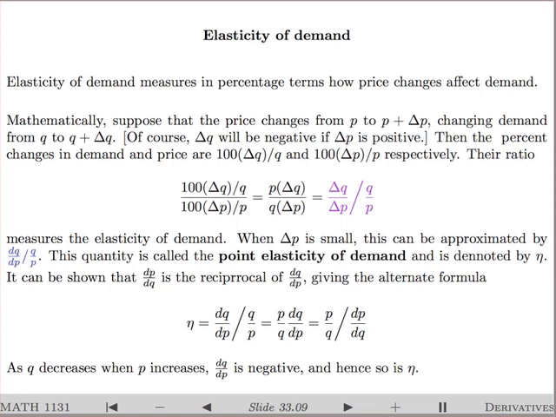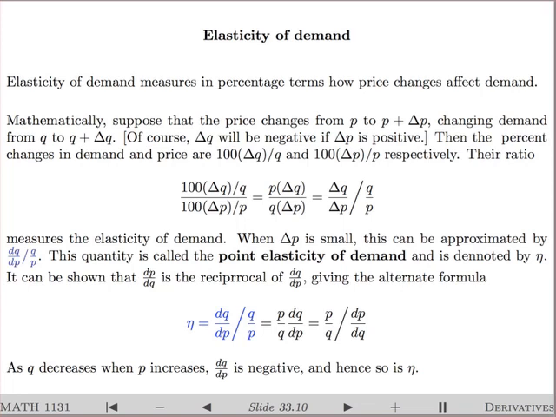For elasticity of demand, it's called the point elasticity of demand because it's as if we are looking at elasticity of demand at a single point on the demand curve rather than over some interval. We will, following the textbook, use eta to denote the point elasticity of demand. So the formula for eta is eta equals dQ over dP over the fraction Q over P.